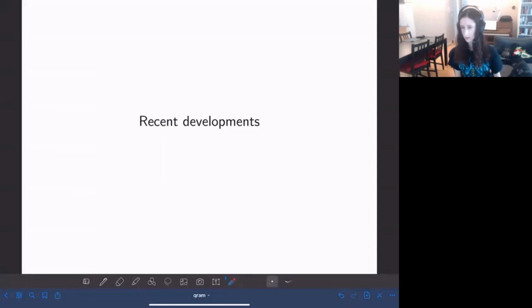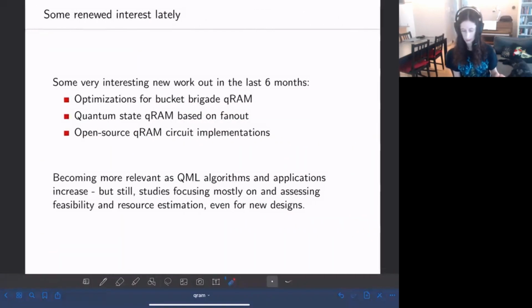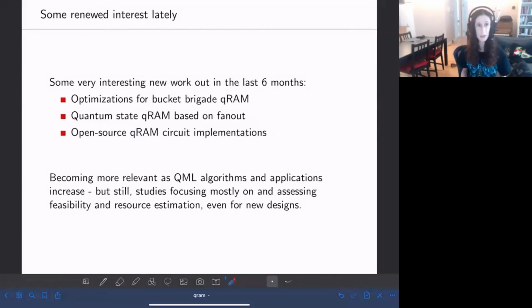All right, so the last 6 to 8 months have been quite interesting for qRAM. There's been a number of new papers that have made some significant improvements over the circuits that I just showed. In particular, there have been optimizations on the bucket brigade qRAM that parallelize a lot of the T-gates in a very nice way.